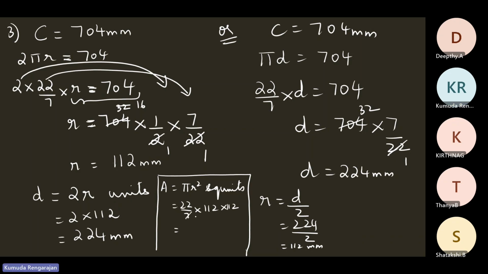So 7 ones are 7. Tell me the product. What's the product? 22 into 16 into 112.